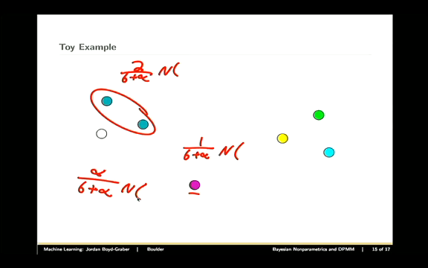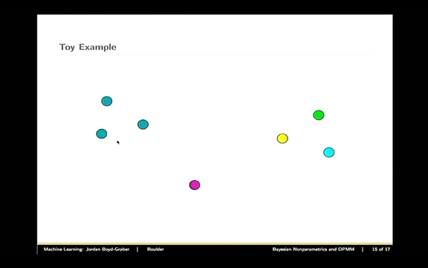And again, it's pretty close to this cluster here, and this cluster is more popular, so it's almost certainly going to join the teal cluster again.